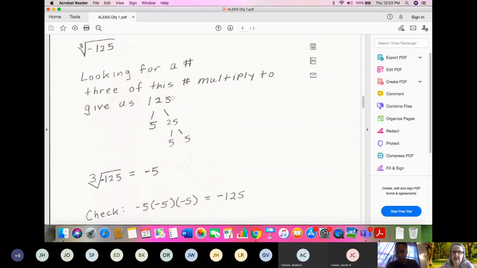Certainly 5 goes because it ends in a 5. You could use your calculator, take 125 divided by 5, and you would get 25. And this 25 we could break down further into 5 times 5. So you're seeing we're getting 3 of the same number. That has to do with this 3 in that V, read as cube root of negative 125.